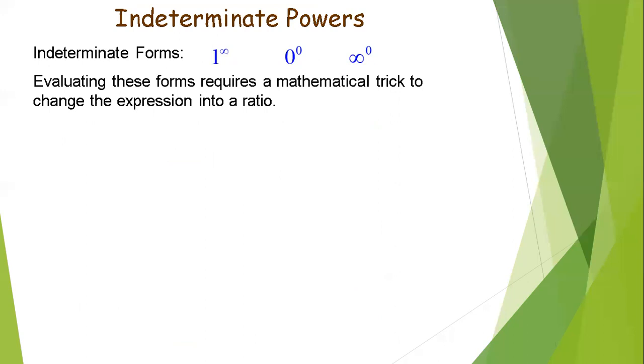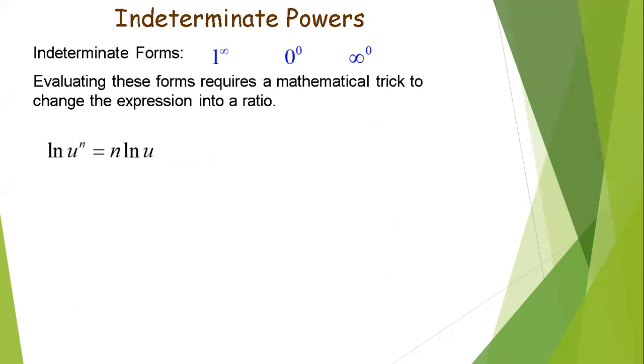Indeterminate powers. The indeterminate forms are 1 to the power of infinity, 0 to the power of 0, or infinity to the power of 0. Evaluating these forms requires a mathematical trick to change the expressions into a ratio.